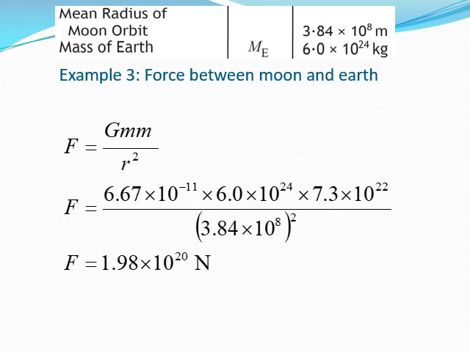So we've got big G times the mass of the earth multiplied by the mass of the moon, which is on the previous page, and divided by the mean radius of the moon's orbit around the earth squared. We see that the force there is nearly 2 times 10 to the 20 newtons between the two.